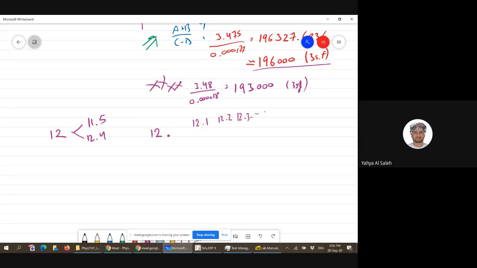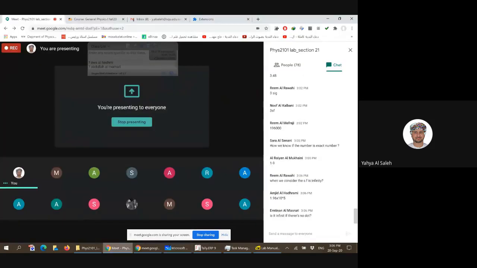So the fact that I wrote 12 point means it is an exact number.